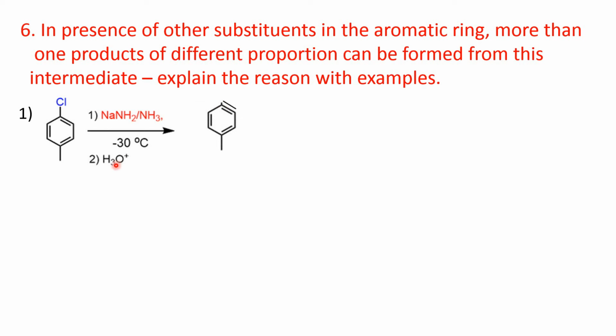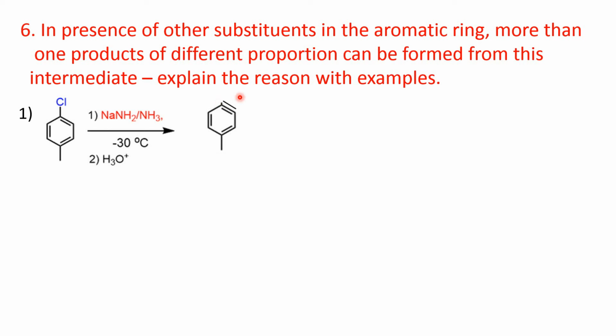Now we have seen in the mechanism, when this benzyne is formed, if the nucleophile attacks here, the negative charge will form here. Now this methyl group is an electron releasing group. It releases electrons by the plus I effect. So when it releases electrons, it will localize this carbanion more. That means it will destabilize the carbanion. So if the negative charge is far away, this destabilization of the carbanion will be less.